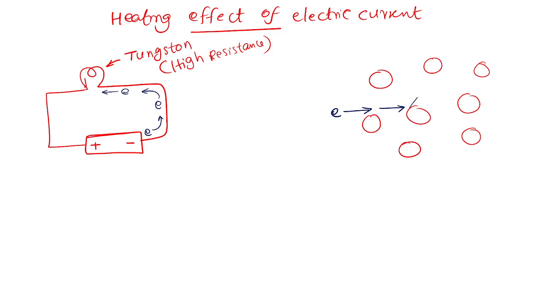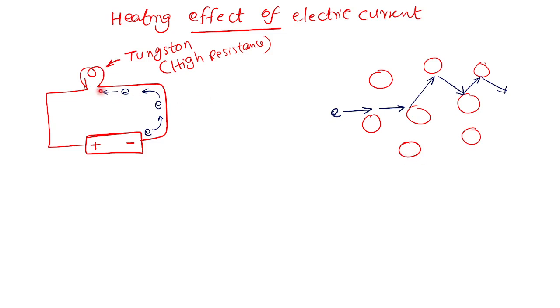This electron rebounds and hits another atom. In this way, the electron will be moving like this. Every time it hits the atoms of the tungsten filament, as it hits an atom, heat will be produced. That heat appears as the glow of the bulb.